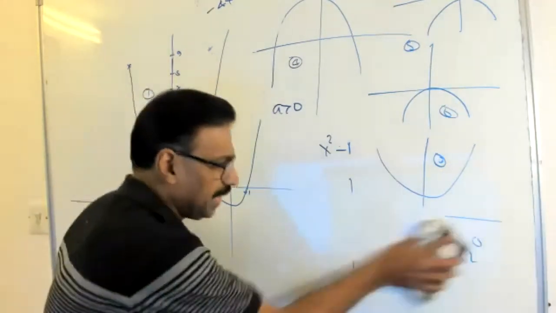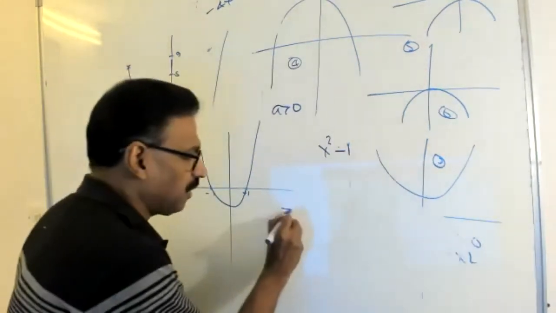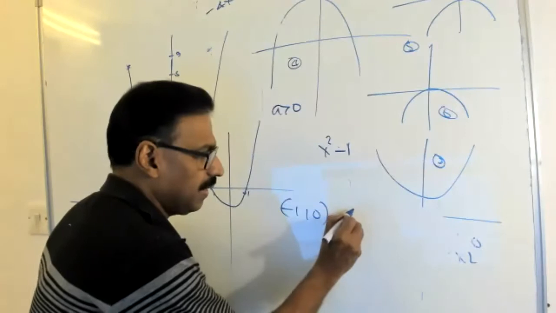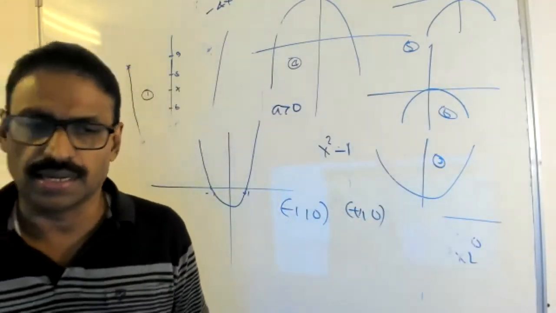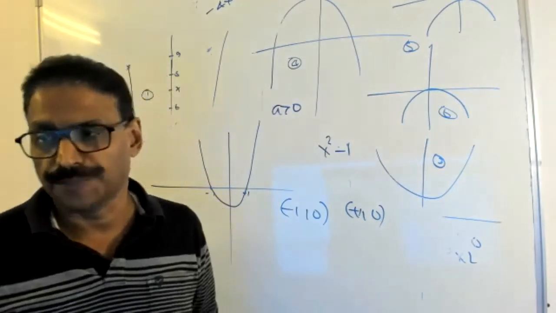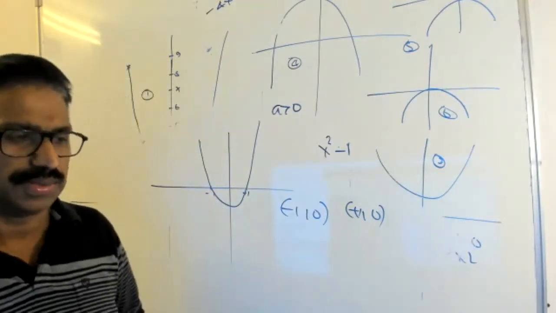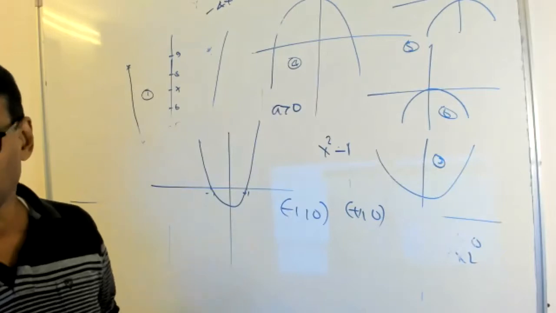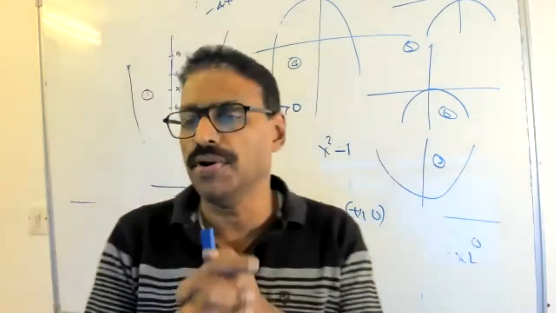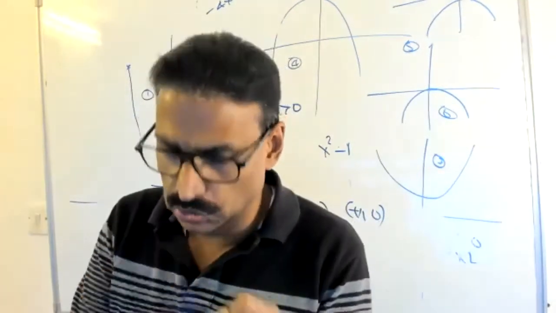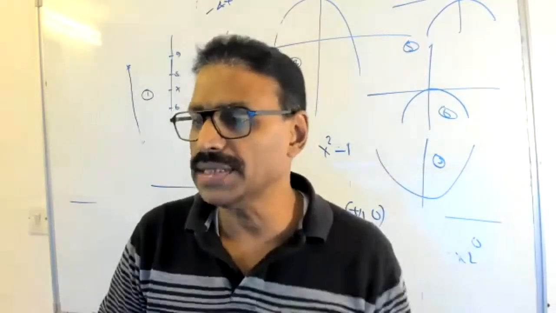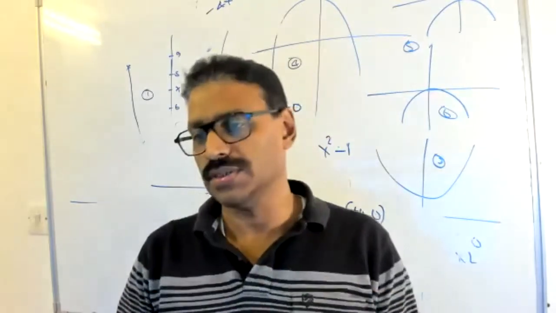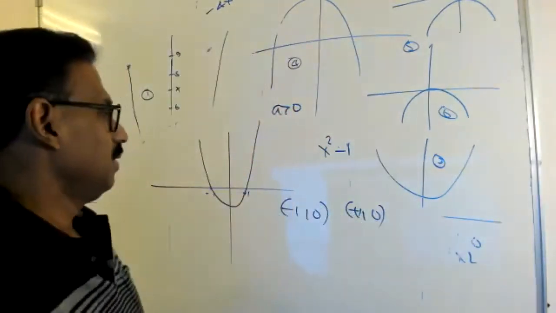Minus 1, 0 and plus 1, 0. And next question, number of zeros: 2. So listen carefully. Number of zeros, 2. Zeros are minus 1 and plus 1. Coordinates, minus 1, 0 and plus 1, 0. Clear or not? Are you okay?